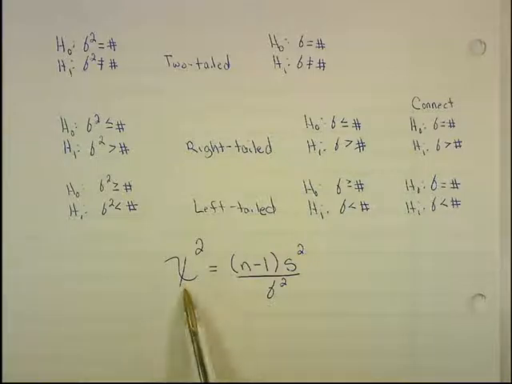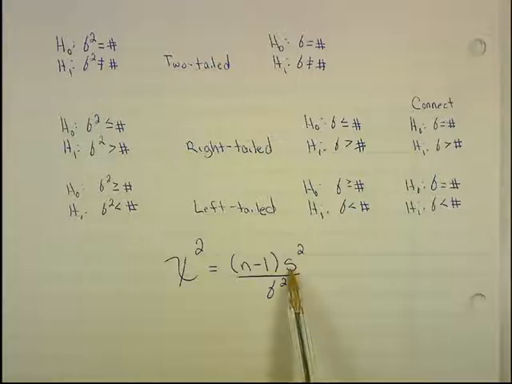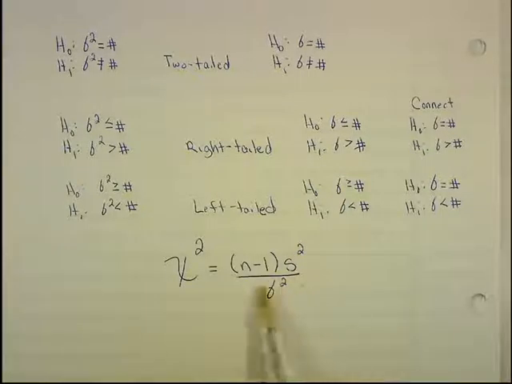It's a variable. This is n minus 1 times s squared, which is sample variance, or you could say sample standard deviation squared gives you sample variance. And then sigma squared is population variance, coming from our claim in these problems. We will be able to substitute in for sigma squared.